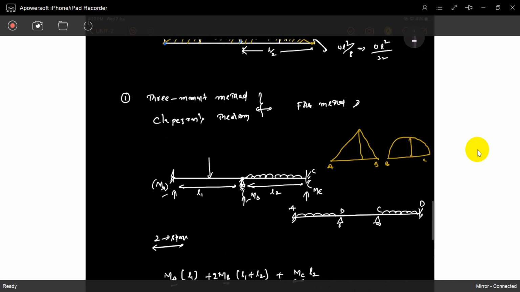So if you take AB, what is the centroidal distance? Where is the centroid? Based on the load it is there. Maybe somewhere from A. This is x1.